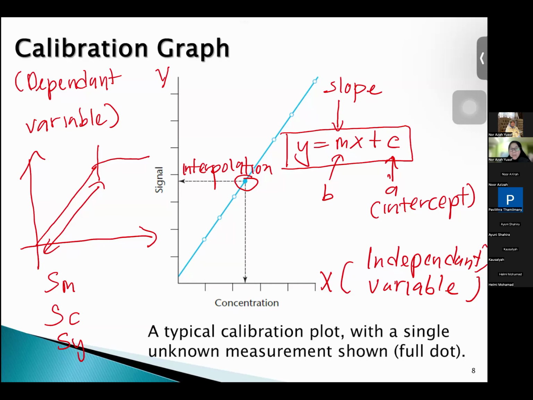So there is error as well. We have seen the formula. I've shown you the examples, how to calculate all these standard deviation for slope, for intercept, and also for y.